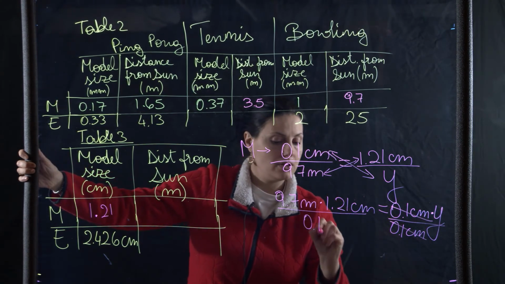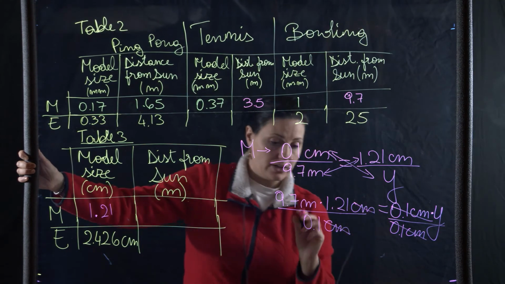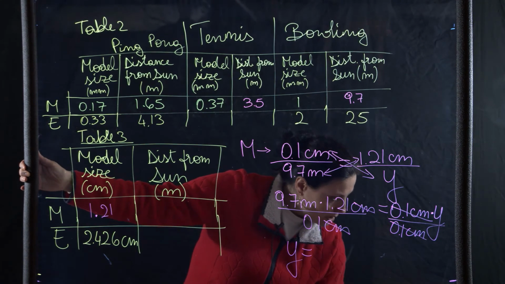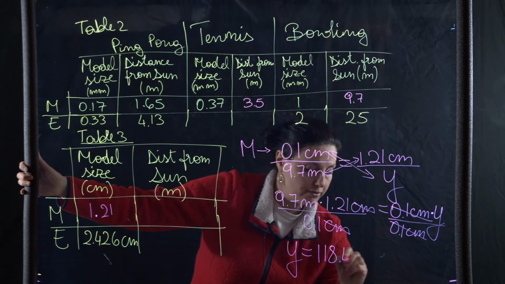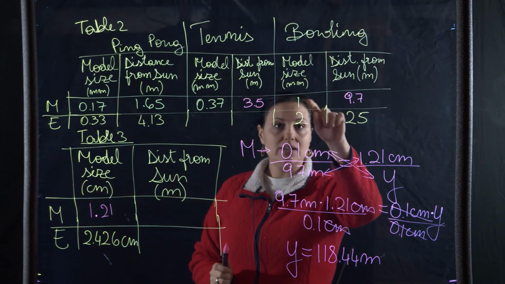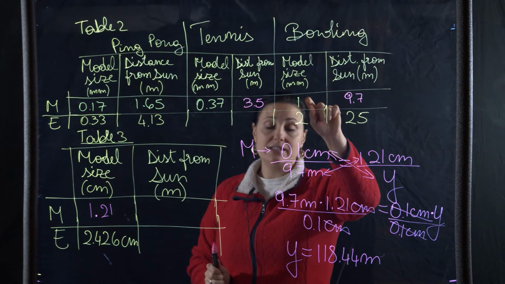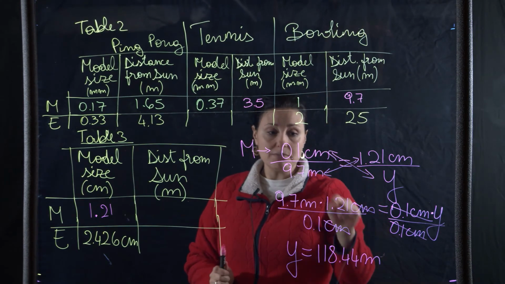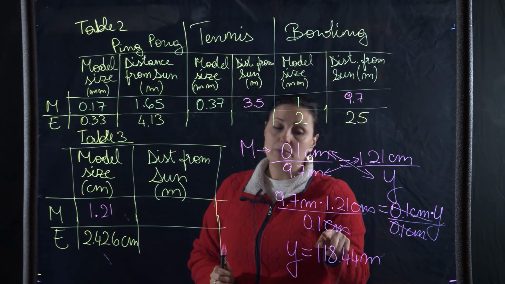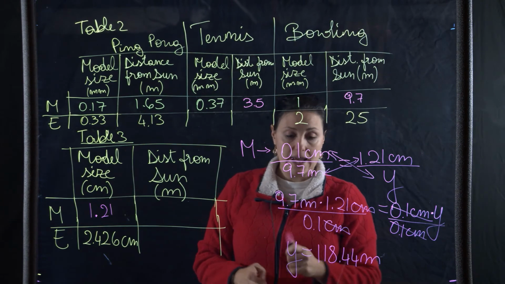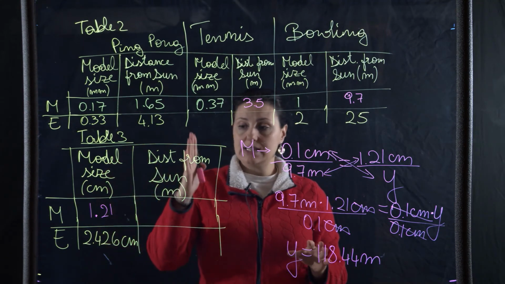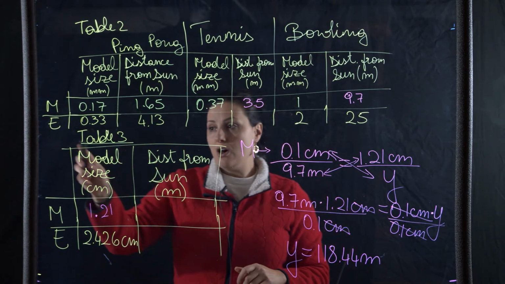The centimeters cancel here, leaving me in meters. y is equal to 118.44 meters. Now you can see why I had to convert that model size for the bowling ball from millimeters to centimeters, because this unit is in centimeters, and if I had this in millimeters, the units would not end up canceling. So this is how you calculate both the model size and the distance from the sun for Table 3.